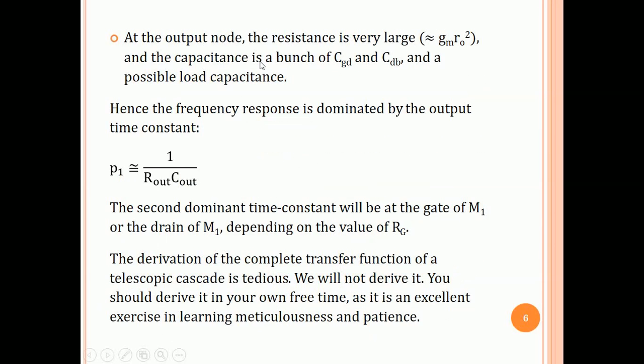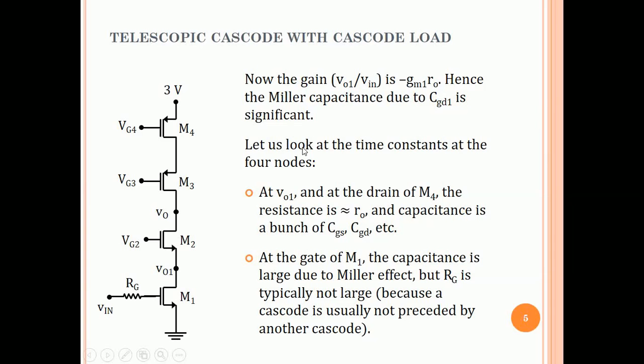At the output node, we know the resistance is large. It is of the order of GM RO squared by 2. And so that is a very large resistance. The capacitance is of the same order as at VO1 and the drain of M4, but the resistance is very large.